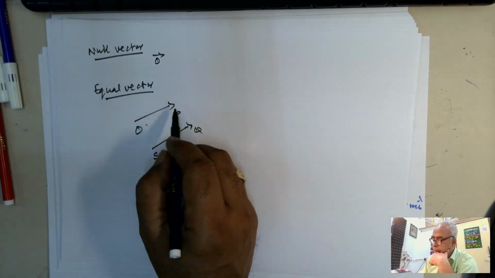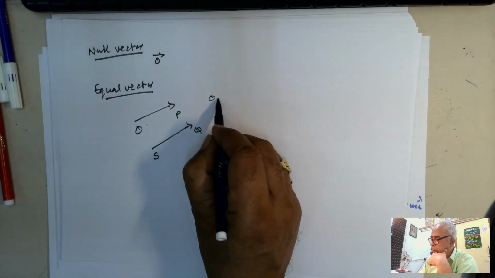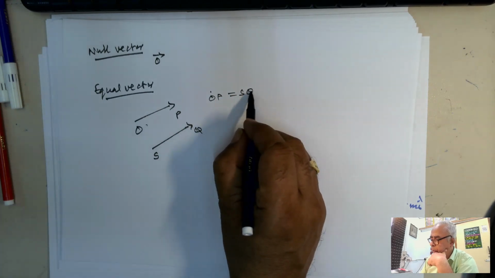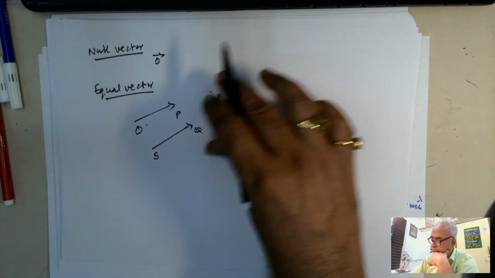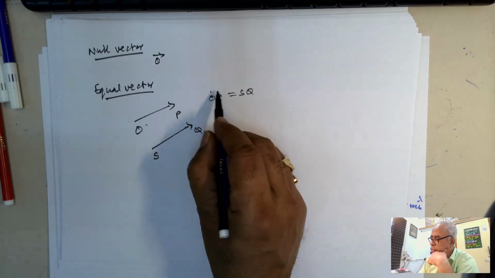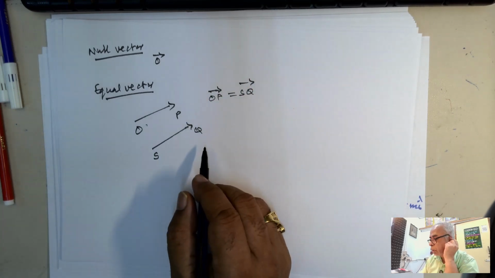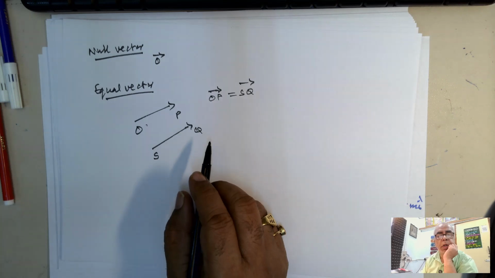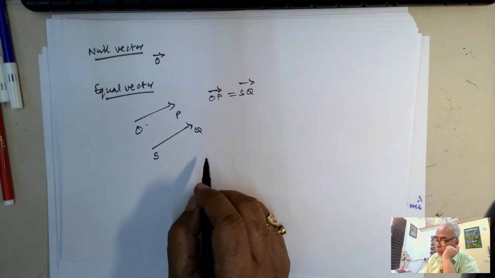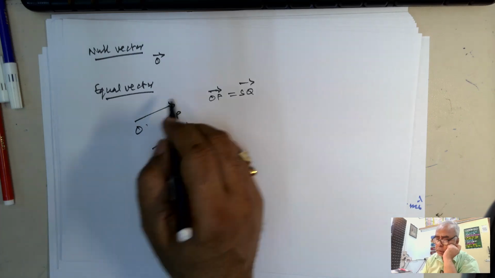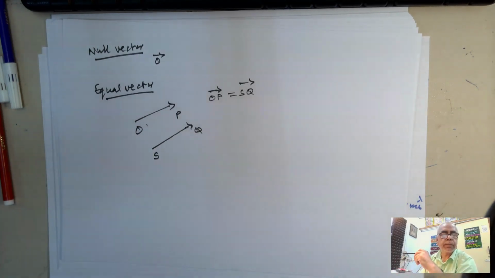In that case, magnitude wise, they are the same. OP is equal to SQ. And direction wise, they are also the same. Therefore, they are called equal vectors. It means both direction and magnitude are the same. So they are parallel vectors and they maintain equidistance also.